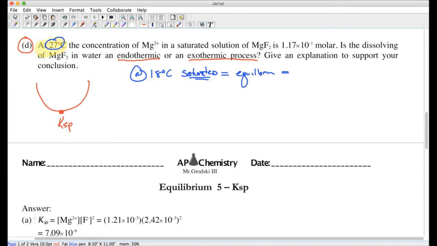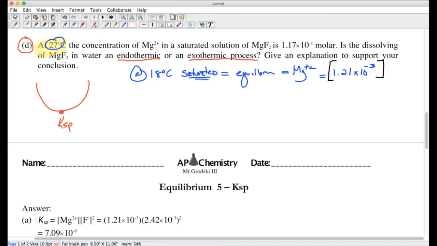And we notice that the Mg2+ concentration is equal to 1.21 times 10 to the negative 3. That was the first question, where they wanted the Ksp and they gave you the concentrations, and you squared them. They just gave you the Mg2+ concentration to be this. So that was actually just given to you in the first question.